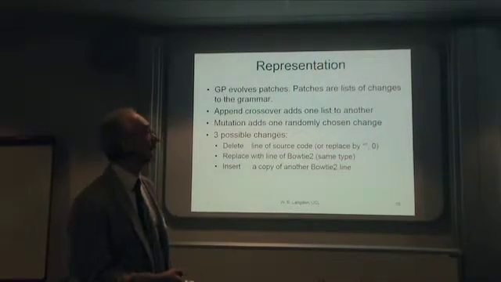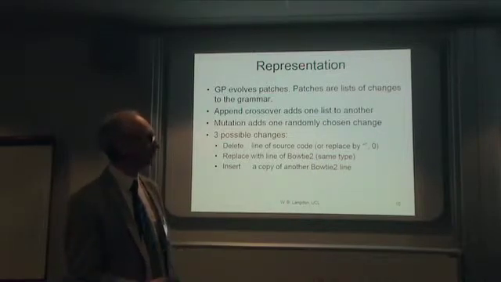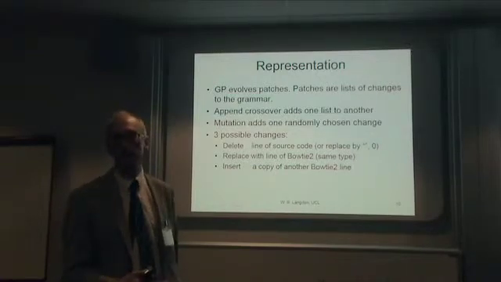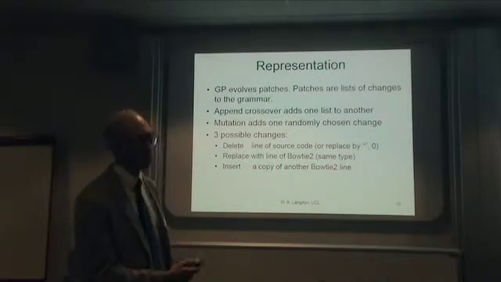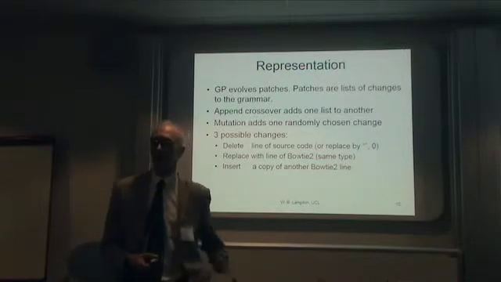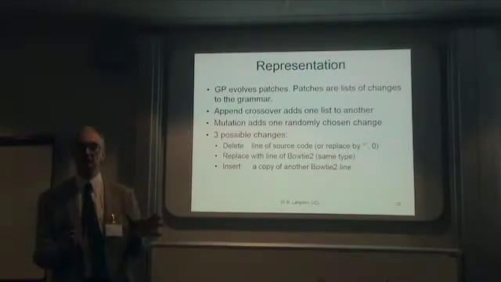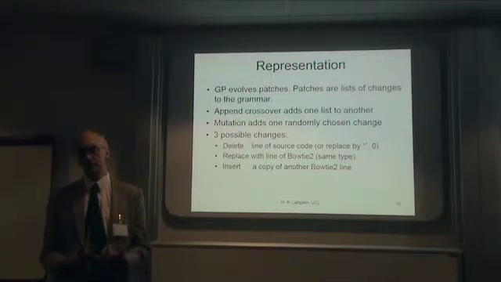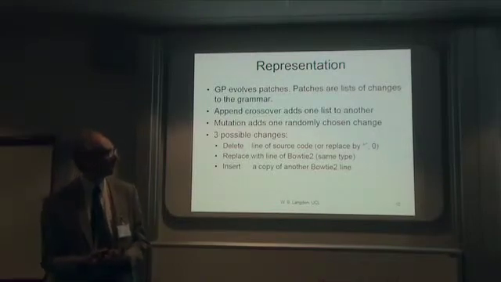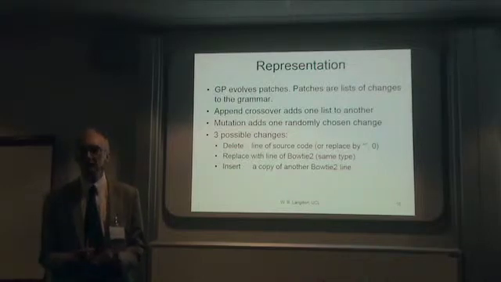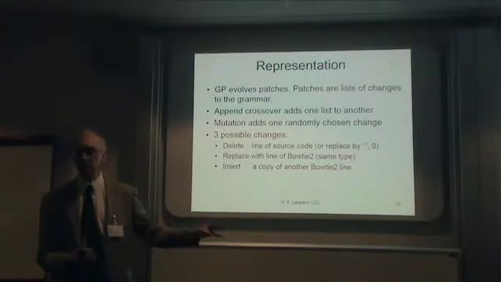So as I said, what GP is manipulating is patches, lists of mutations. So we have an append. The way the crossover works is it appends lists together. So it's guaranteed to bloat. And the argument I had there was, well, we've got 50,000 lines of code. We're going to need to change a lot of those, even if we start with small things.